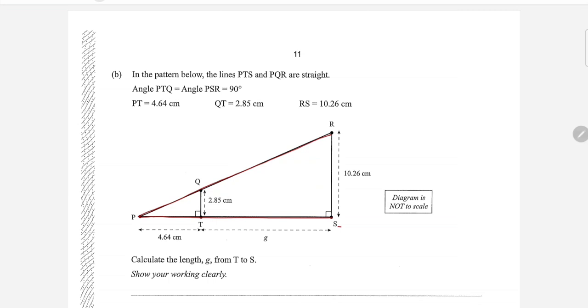Angle PTQ is 90 degrees and this one is also 90 degrees. They have given us that. PD is 4.64. This is given to us. This is G, so that means we have to find that. We have these ratios as well.